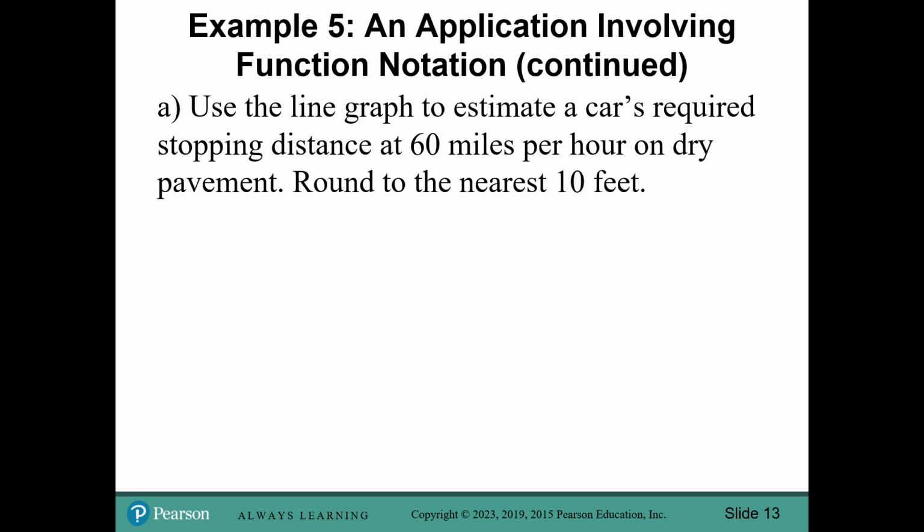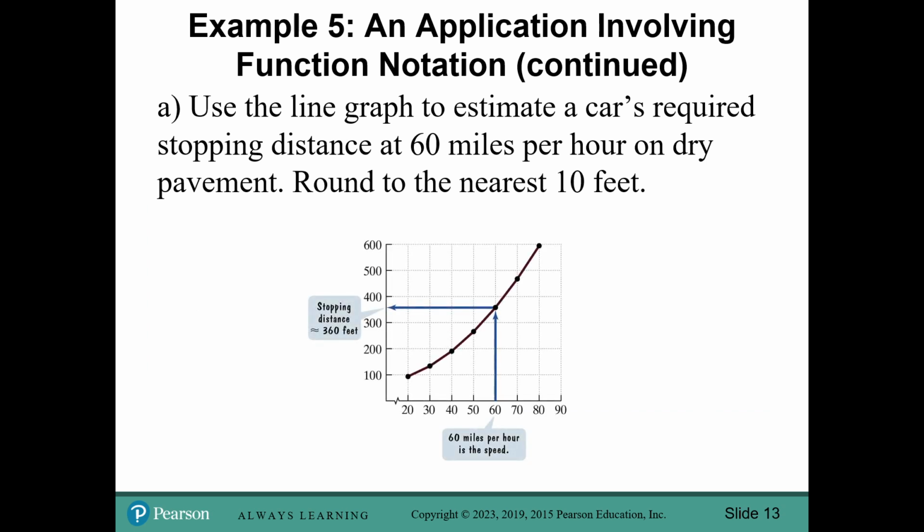So, use the line graph to estimate a car's required stopping distance at 60 miles per hour on dry pavement. Round it to the nearest 10 feet. So, if we go back and look at this graph here, what we'll see is if we go to the graph at 60 and go up to where it hits the curve, right here at that point, what we see is when we carry it to the left to see where its corresponding y value would land, it lands at approximately 360 feet.